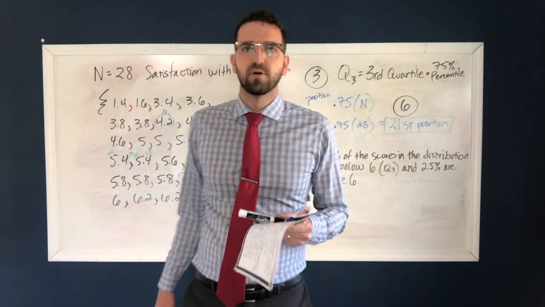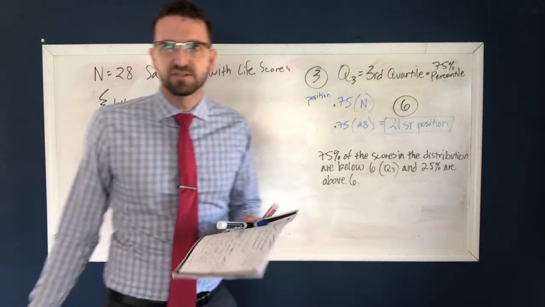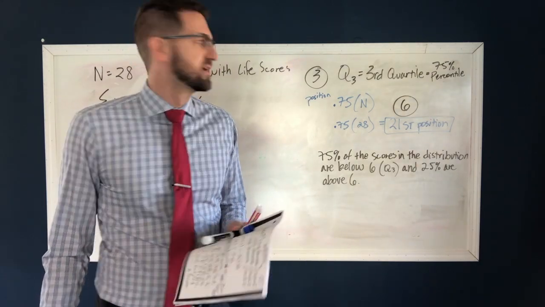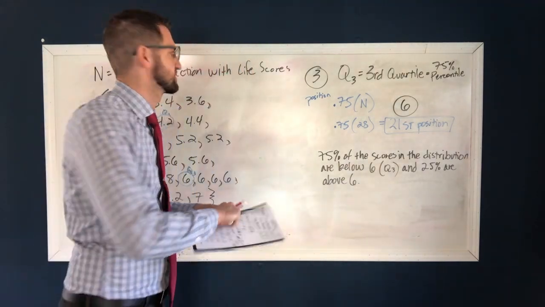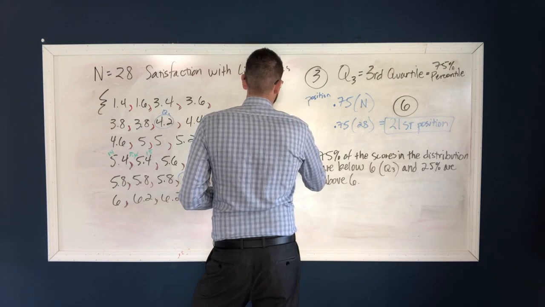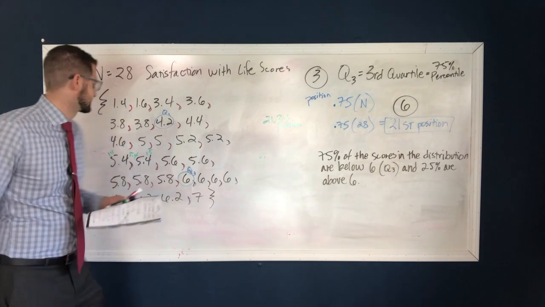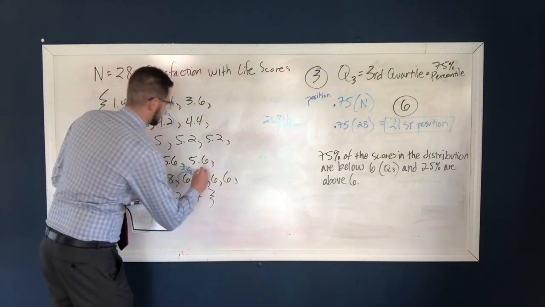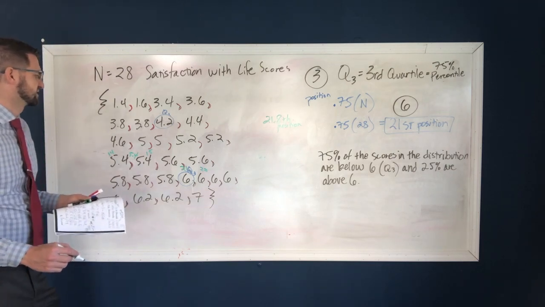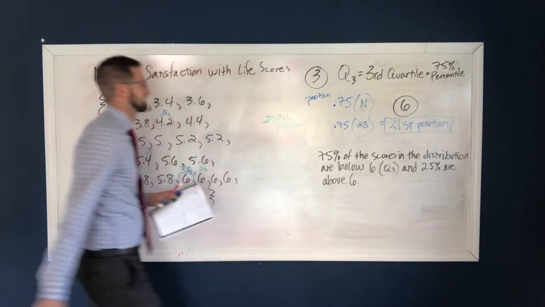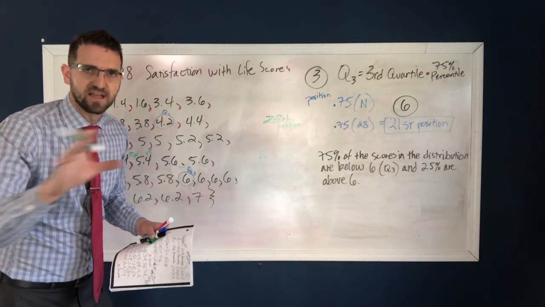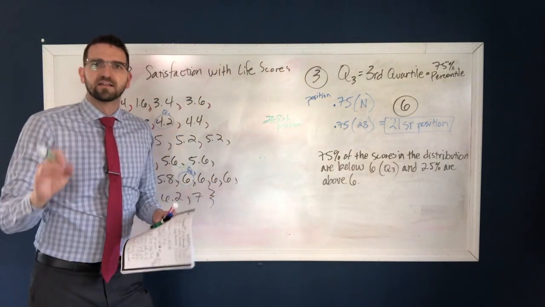And I also want to do one what-if scenario. So when the positions are whole numbers, like I think we had the 7th position and then the 21st position, that's really easy to figure out. But let's say hypothetically, now this is a hypothetical situation, let's say we had the 27.8th position.